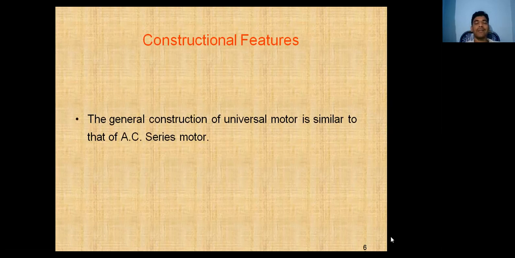The stator carries the field flux, and the rotor carries the armature conductors. The field and armature are connected in series. It has a commutator, so it is also called a commutator motor.